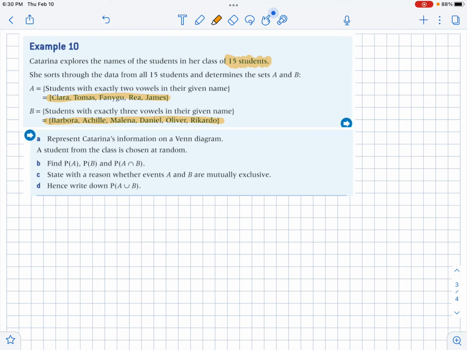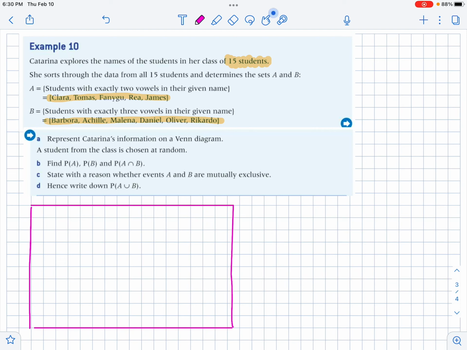So, part A, we're going to represent this information on a Venn diagram, and then a student is to be chosen at random. So, if I start to make a Venn diagram of this, first of all, you always start a Venn diagram with a rectangle that is your sample space. Then, you need to decide if the 2 events are mutually exclusive or not.